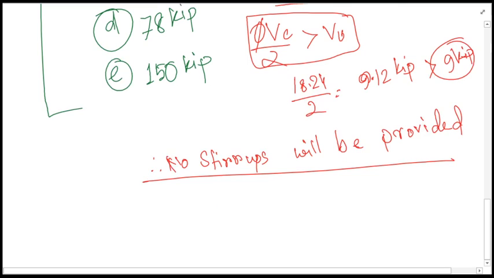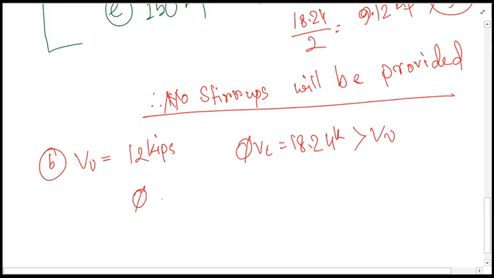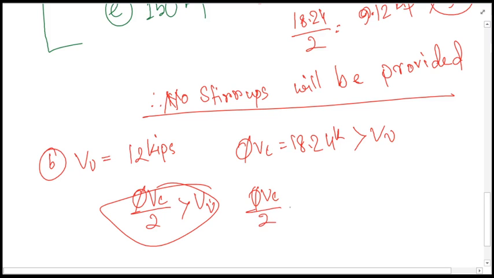Then B, where VU equals 12 kips. In this case, again we can say that 5VC, 18.24, is well enough and greater than VU, but again you'll have to check whether 5VC by 2 is greater than VU or not. In this case, 5VC by 2, that is 9.12 kip, is not greater than 12 kip.